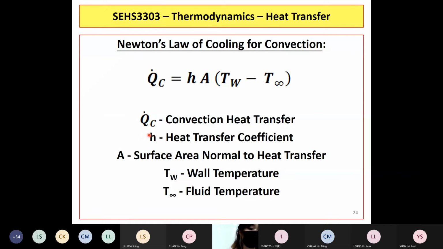Here you should pay attention: H, the heat transfer coefficient for convection, is not the same as K, conductivity. I told you K, conductivity, is a property of a material, but H is not a property of material. So it is quite difficult to solve convection problems because H is difficult to determine.